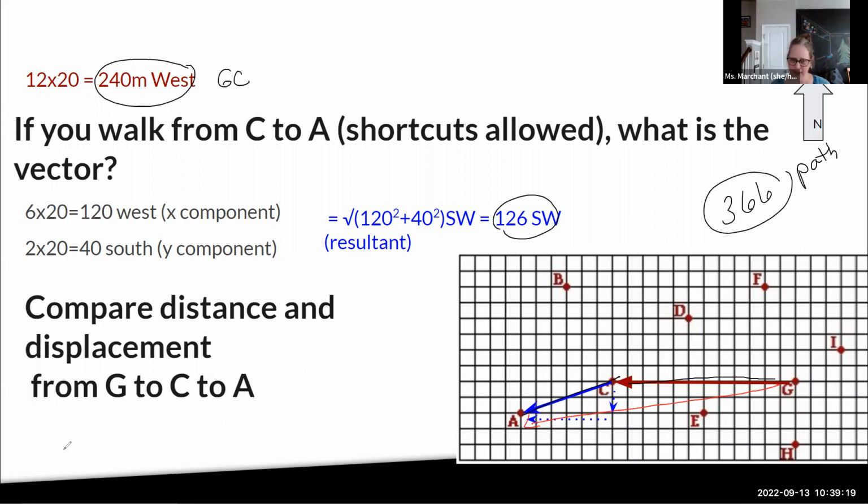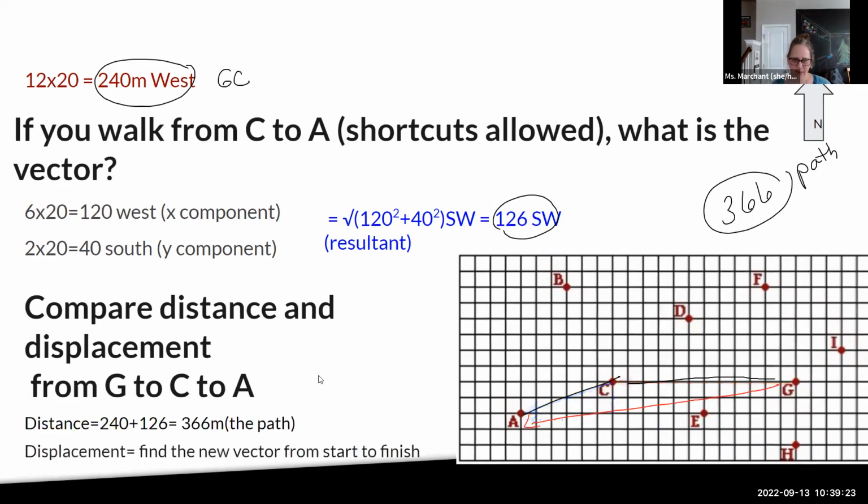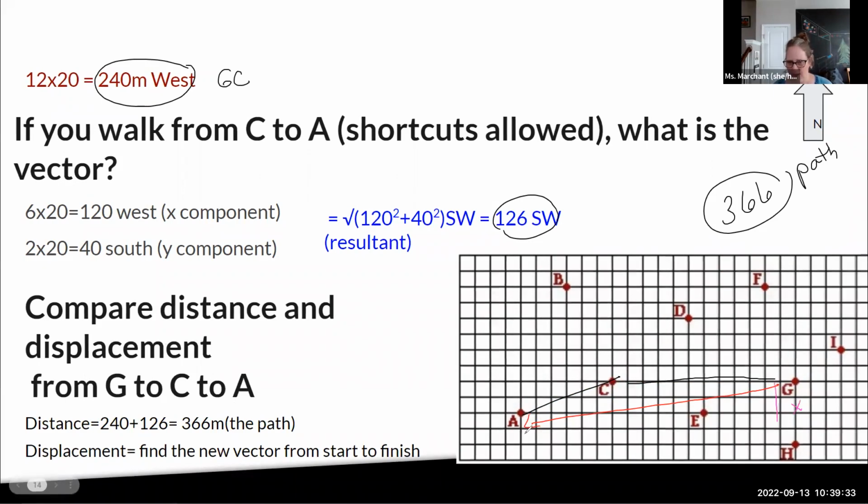When you're going all the way G to C to A, you would have to do that same thing that we did before. Find the X component and find the Y component and the X component. So that's how you do it.